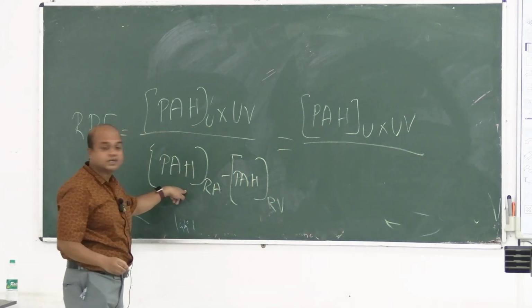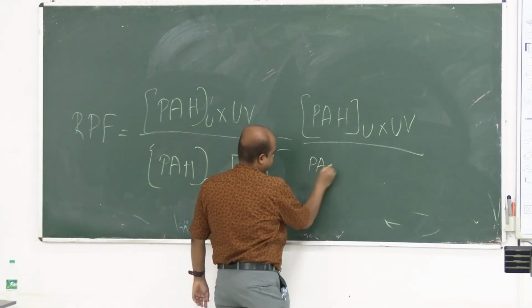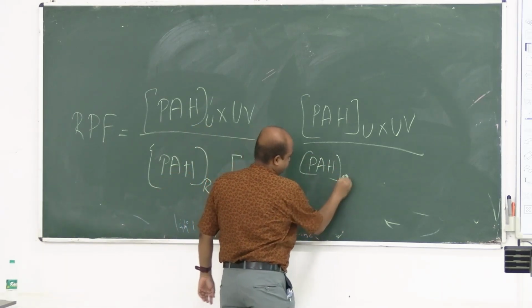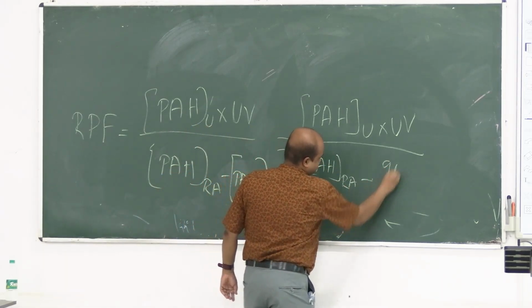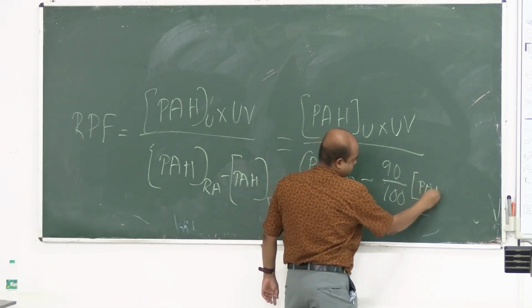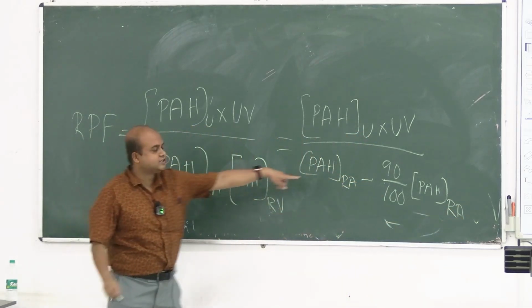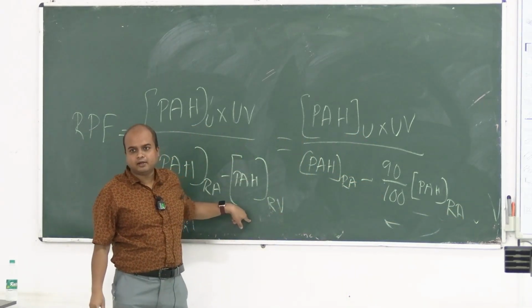So whatever is the concentration in the renal artery, this concentration is 90% of that in the renal artery. Okay?